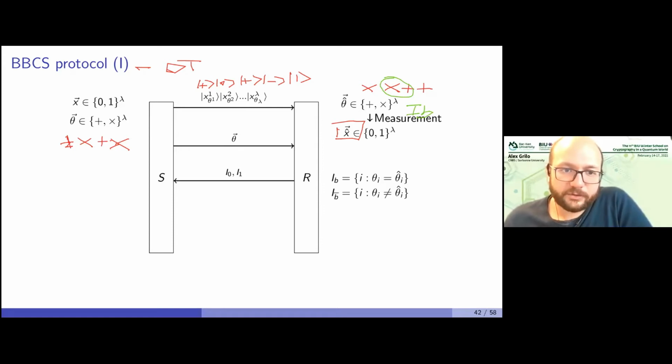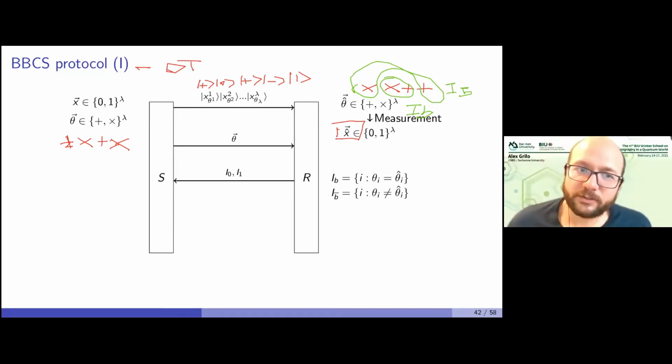And then she calls the other positions, where she guessed the basis incorrectly, I_{1-B}, like the complement of B. And she sends the sets I_0 and I_1 to the sender.